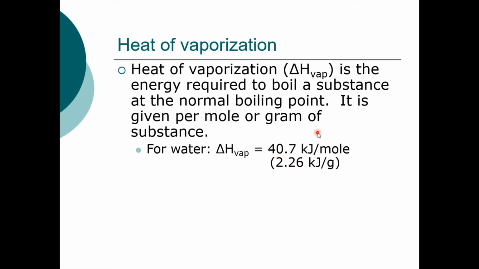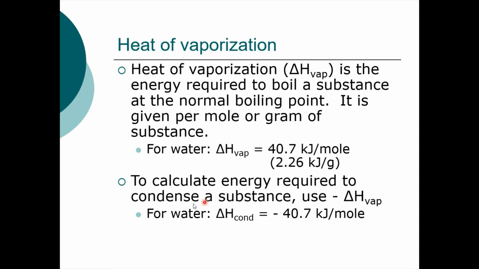So it's still 1 mole of water being turned from a liquid to a gas, but it takes much more energy to do that than 1 mole of solid water turned into 1 mole of liquid water. If we turn this into per gram, it turns out it's 2.26 kilojoules per gram. Remember, these are in kilojoules. That's thousands of joules at a time.